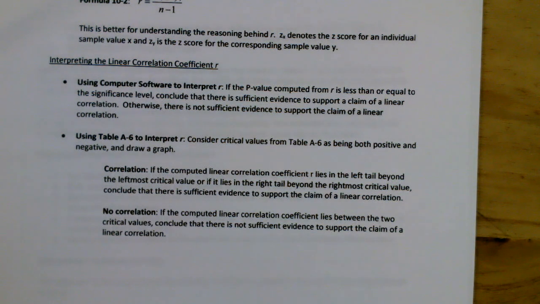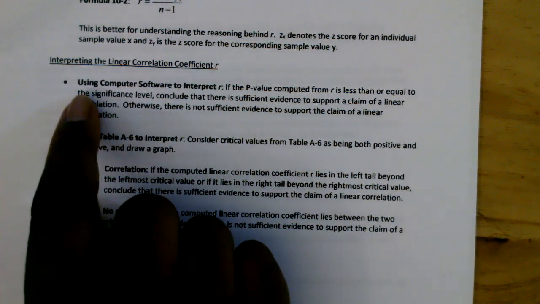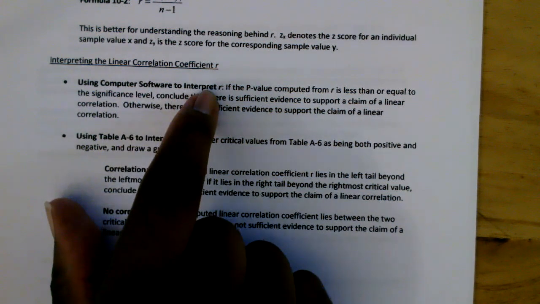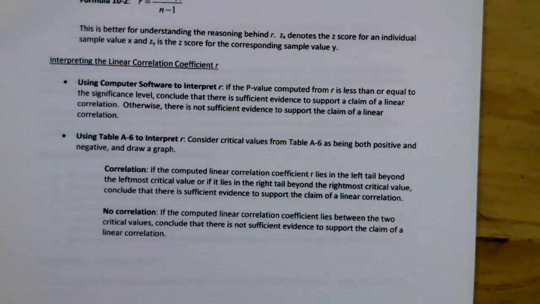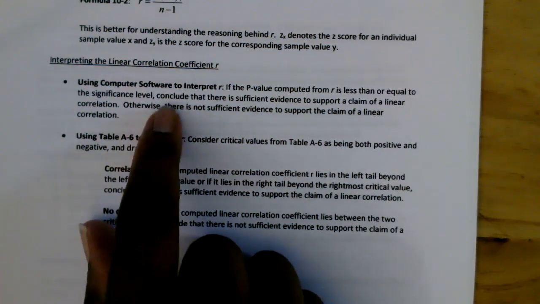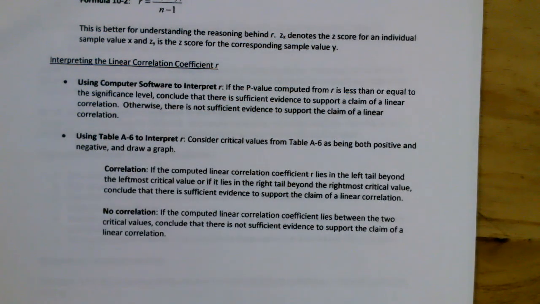Now, how can we interpret the linear correlation coefficient r? If we're using computer software to interpret this, we want to find if the p-value computed for r is less than or equal to your significance level. If that's true, we can conclude that there is sufficient evidence to support the claim of a linear correlation.